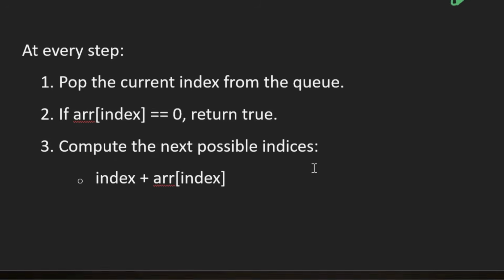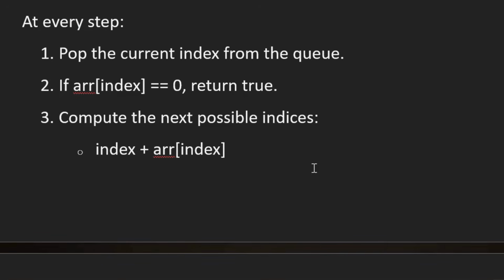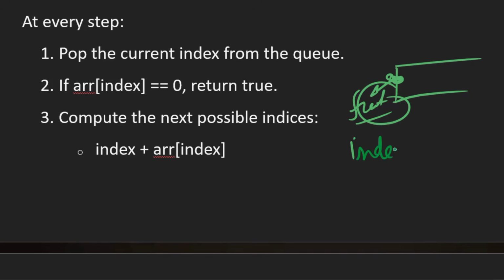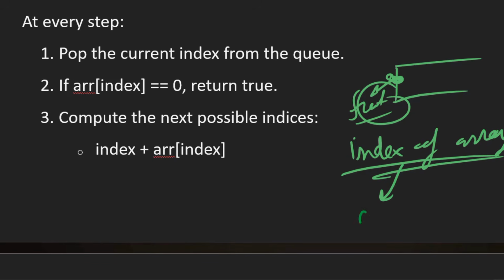Now let's see what the steps for this BFS implementation will be. We have our queue, and we pick the front element from the queue, which is the index of the array. Then we check whether at that index we have 0 or not. If we have 0, then we return true.